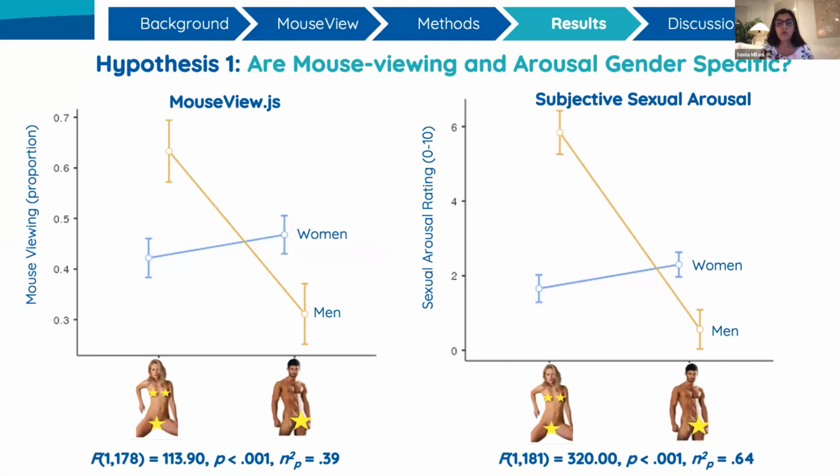So we see that men show a very pronounced preference for the female model compared to the male model, and this is true for both the mouse view as well as the subjective sexual arousal ratings. And so this is otherwise known as gender-specific response patterns. Heterosexual women, as indicated by the blue lines in the graph, show a very subtle preference for the male model. And so we can see gender non-specific patterns in women's arousal ratings as well as their mouse viewing.